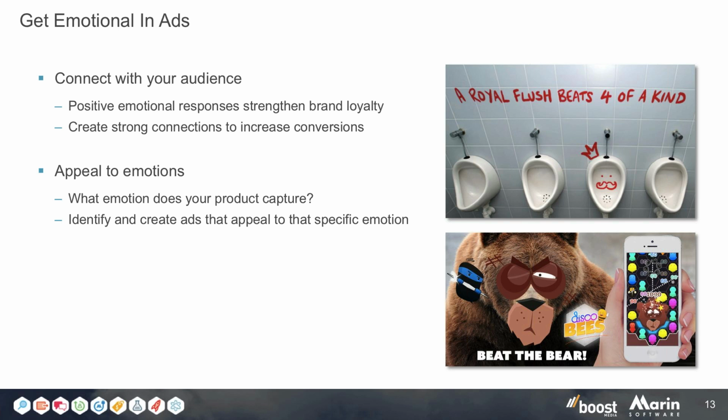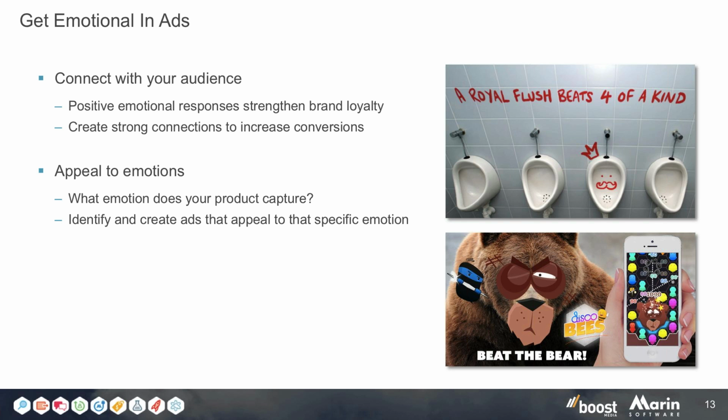So get emotional. This is one of the key components of ads. This applies both in search and in image optimization. You're trying to connect with your audience and get a positive emotional response by being funny, by connecting to the feelings that people have. This one's really funny.